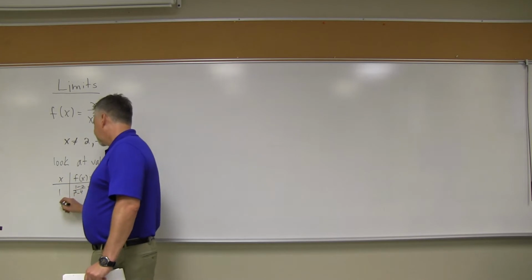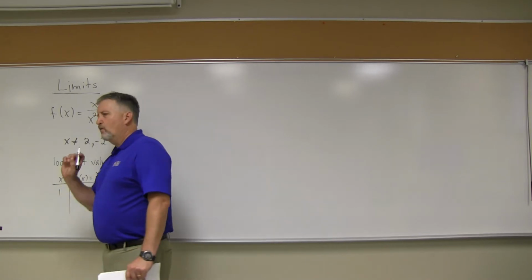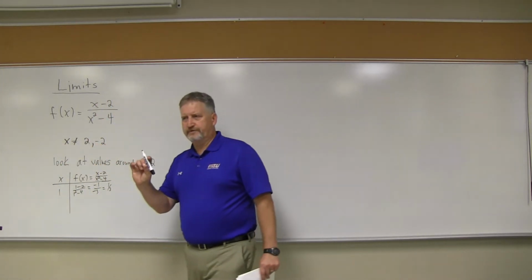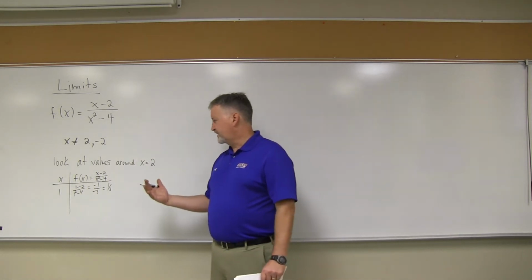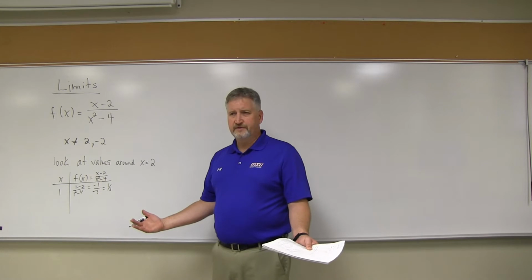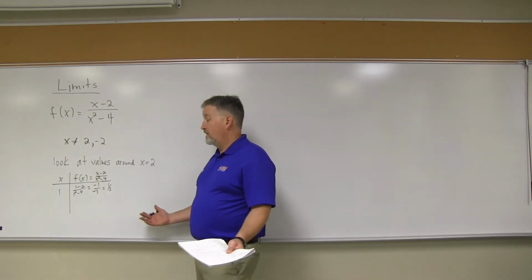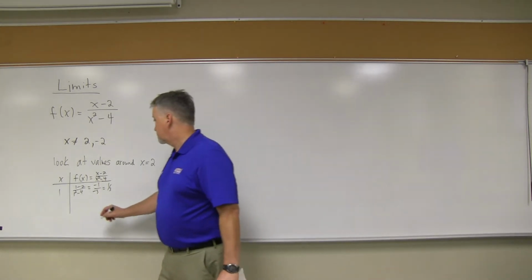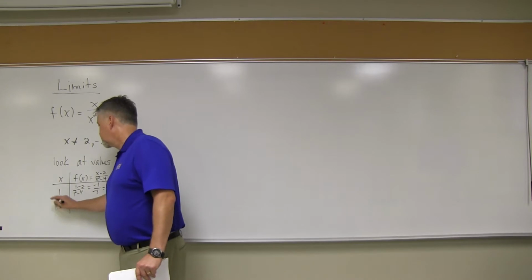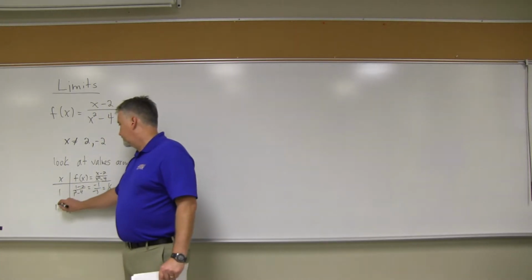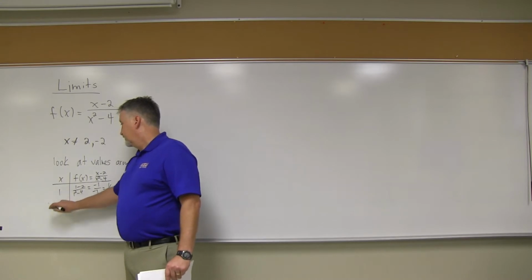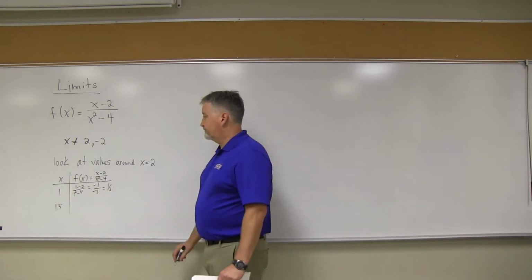All right, now, that's good, but what if I get a little bit closer to 2? What value would be closer to 2? Maybe 1.5? So I'm just trying to get x values closer and closer to my x value of 2.